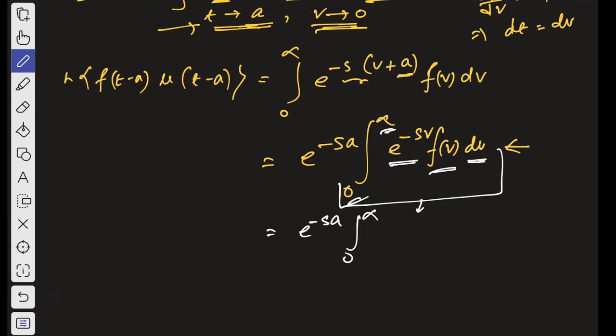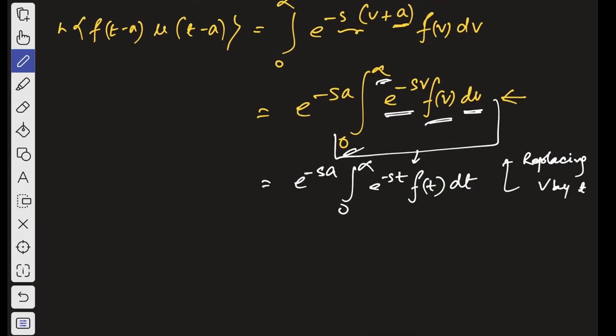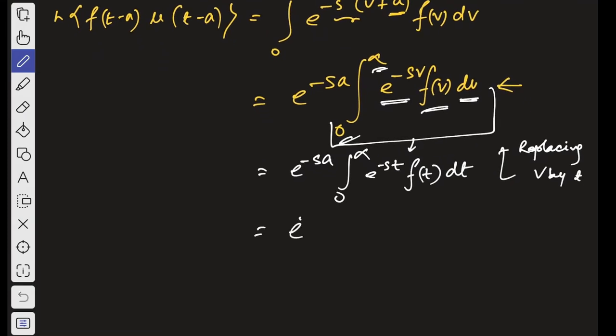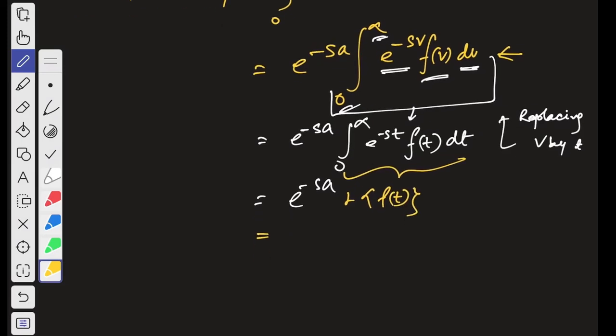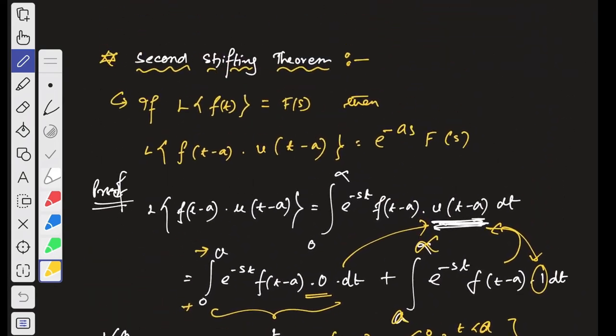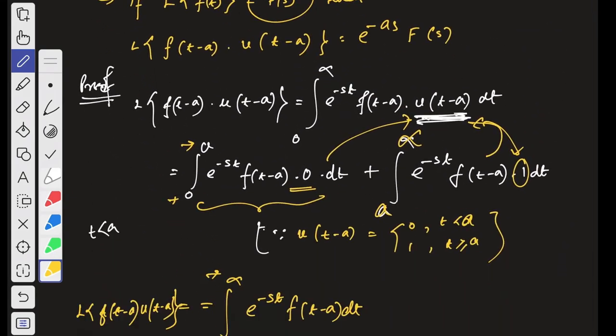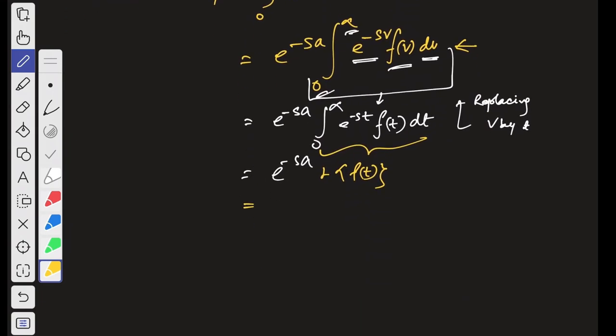Let us replace v by t, so we get the integral from 0 to infinity of e to the power minus st f of t dt. So what we have done here is replacing v by t. According to the definition of Laplace transformation, this part is nothing but the Laplace transformation of f of t, and the Laplace transformation of f of t we have taken as capital F of s, right?